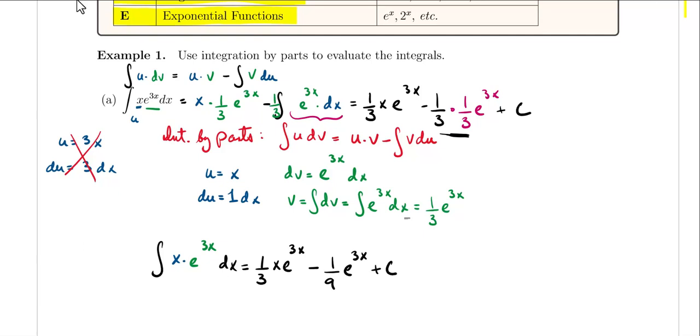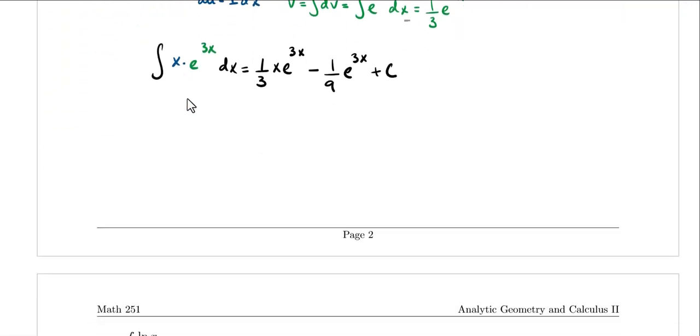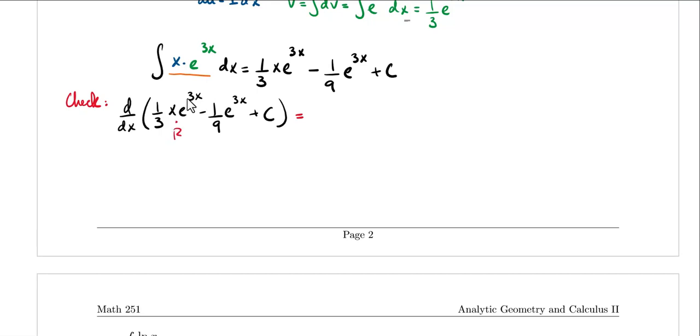Now, since we're using integration by parts for the first time, we've got to make sure that it works. So let's go ahead and check. If we were to take the derivative of our answer, we should be getting back the integrand. So let's see. All right, if we take the derivative of 1/3 x times e to the 3x, notice that we're going to be using the product rule here.